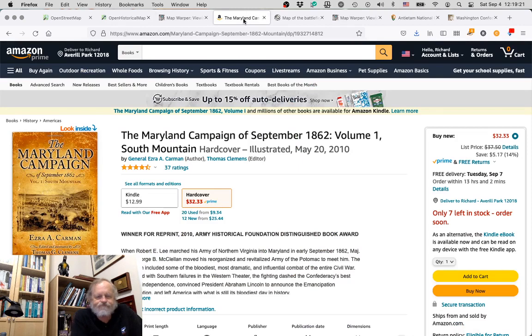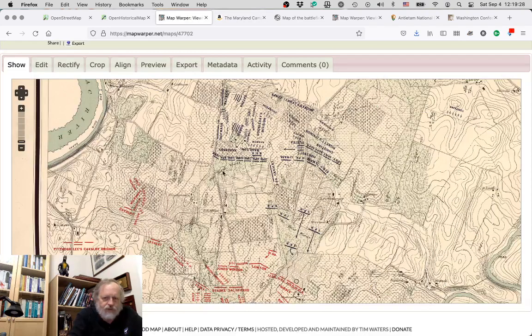So, I mean, that mapping was relatively straightforward. Once I had the Cope map registered, it was pretty easy to get the fields, the fence lines, the fence types, the locations of waterways. All of that stuff was relatively straightforward.